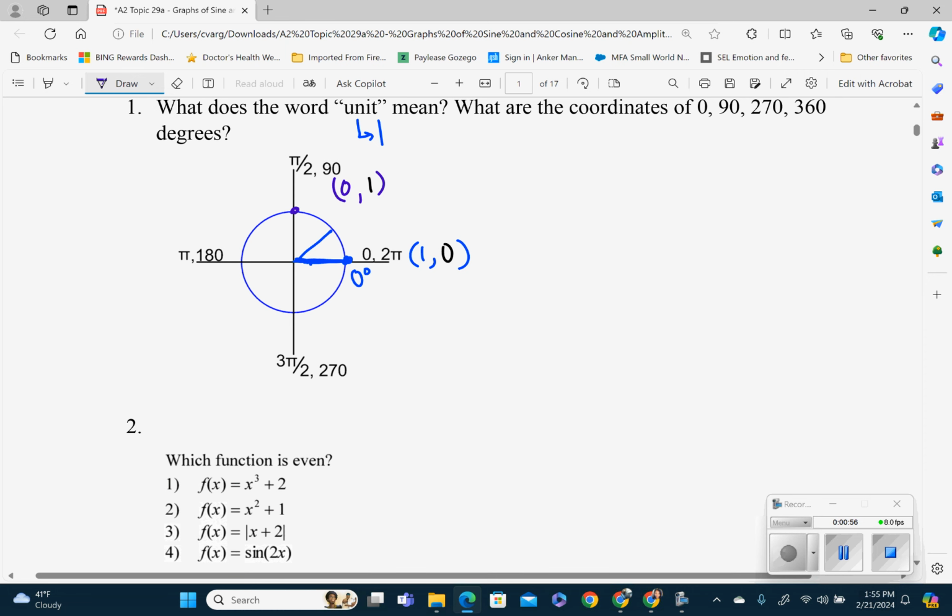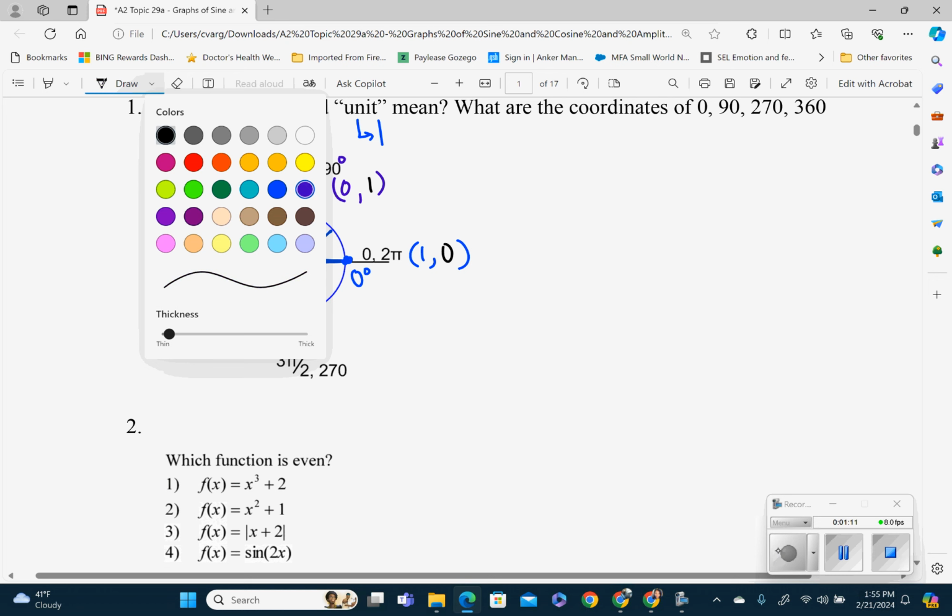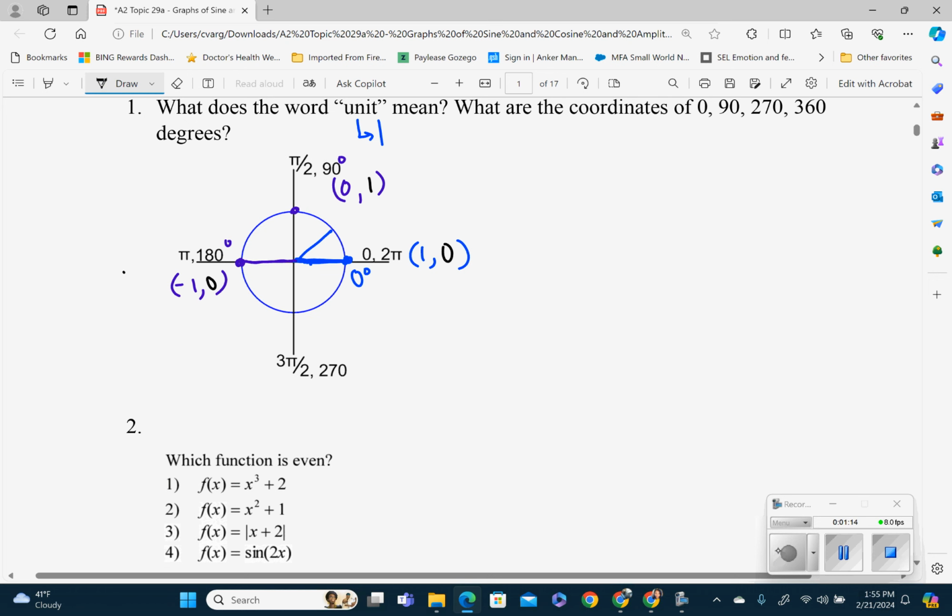So this is 90 degrees. If I go to 180 degrees and I try to find my coordinate, again, this is 1, but it's negative 1. So it's negative 1 comma, and my y here is 0.